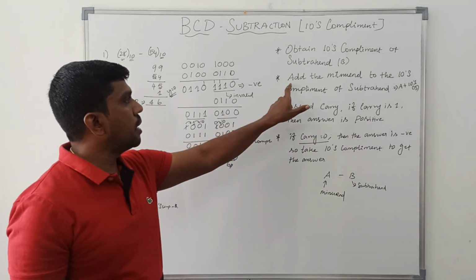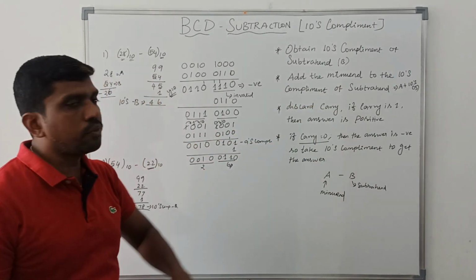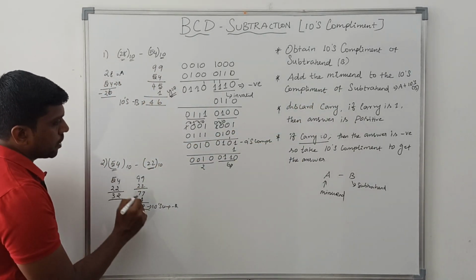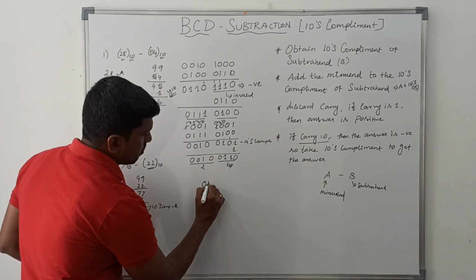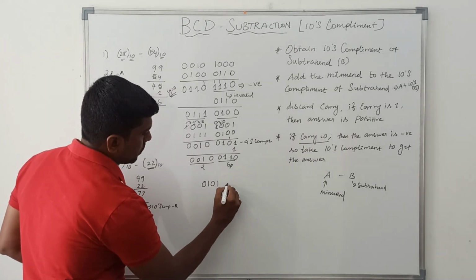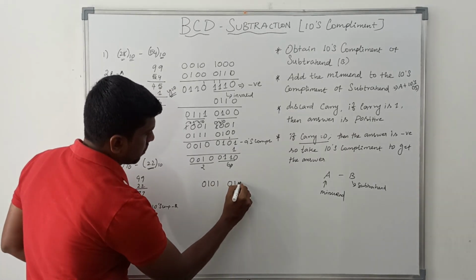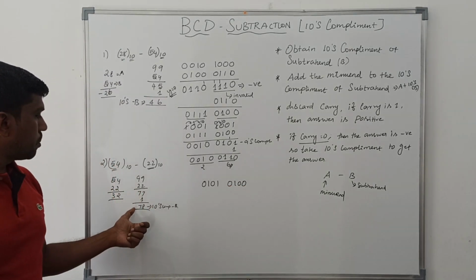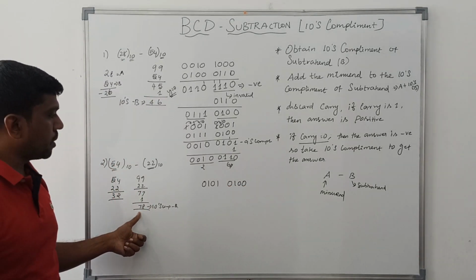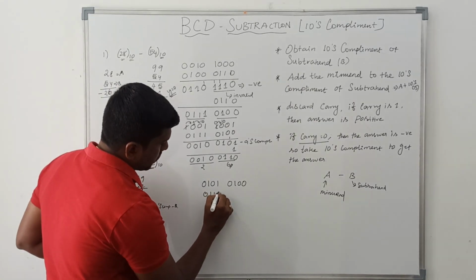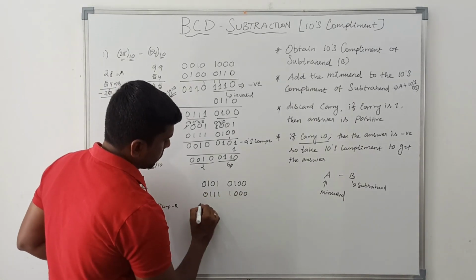Then second step, add A to the 10's complement of B. The A value is 54, and we write the binary number 0101 0100. The 10's complement of B value is 78, which is 0111 1000.